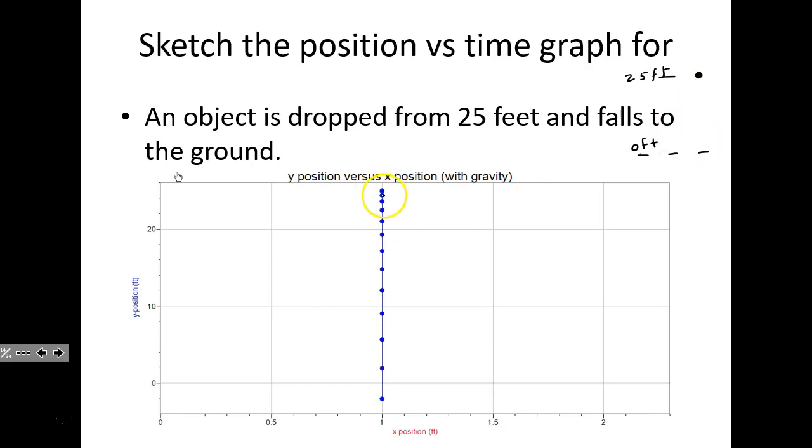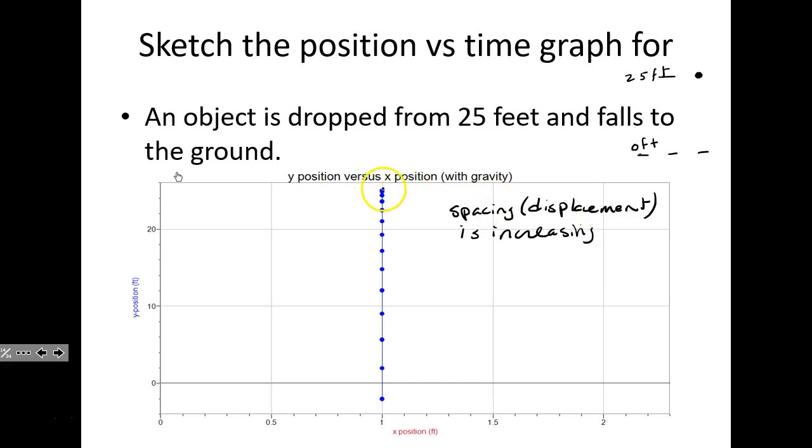And as it falls, look what's happening to the separation of the positions. Each of these is a position at a tenth of a second. So 1/10 of a second, 2/10, 3/10, 4/10, 5/10, 6/10 of a second. The spacing, or the displacement, is becoming greater.